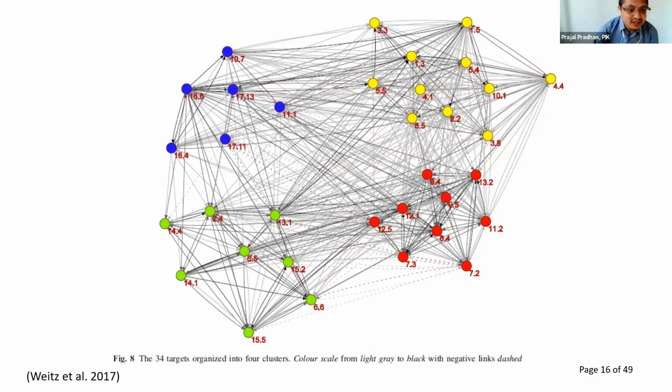And here a step further is taken. Based on these network characteristics, the colleagues categorized these targets into 4 clusters, and one can also use the information coming from qualitative analysis to do some sort of cluster analysis in the next step.